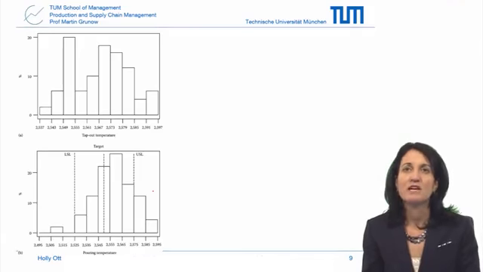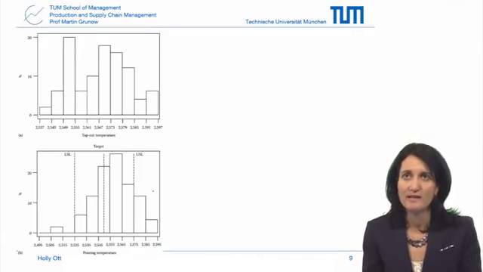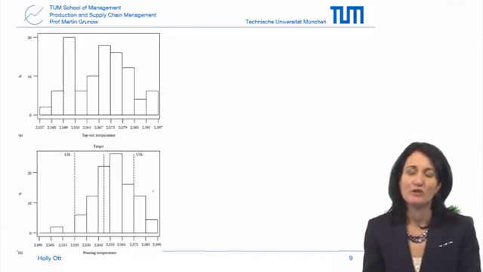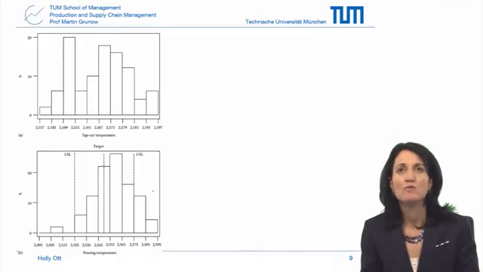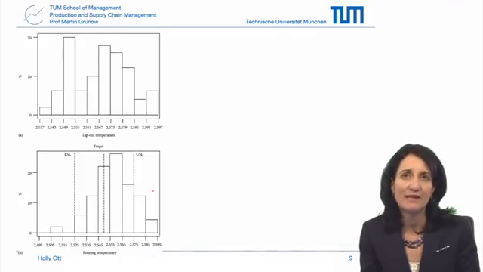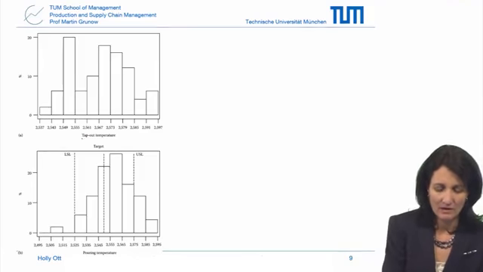We have here temperature data taken from an iron foundry, which makes large castings. So you have very, very hot molten iron that is taken from a cupola and then transferred over to be poured into the molds for the castings. Now the top graph is a histogram of the tap-out temperature.